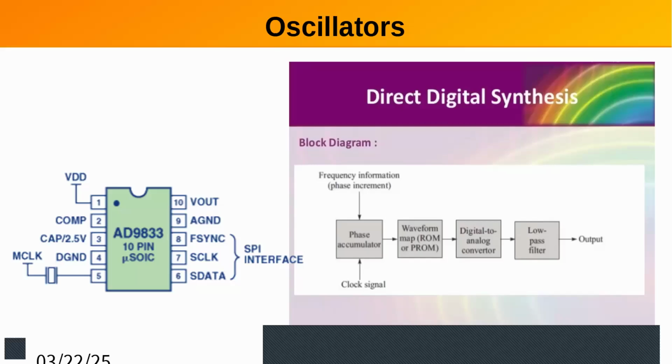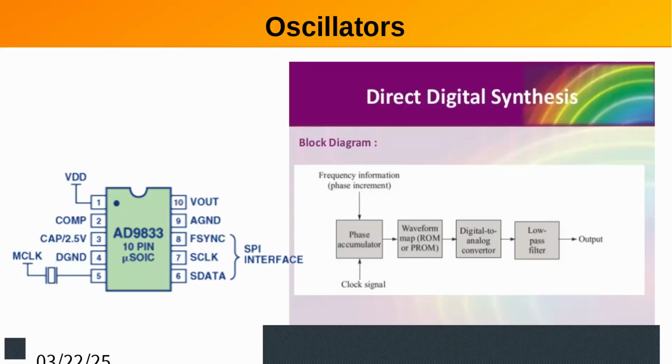Each cell in there stores a different numerical value representing an amplitude for the waveform. So as it steps through that ROM, it's generating predetermined samples for whatever the waveform is. It doesn't have to be a sine wave. It can generate any arbitrary waveform depending on what you've programmed in that ROM.